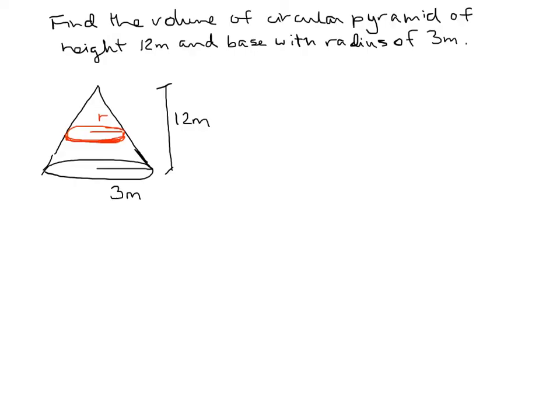Now we want to add up the area of that slice. We know that the area of a circle is pi r squared. We could integrate that, but it's hard to tell exactly how our radius is changing.